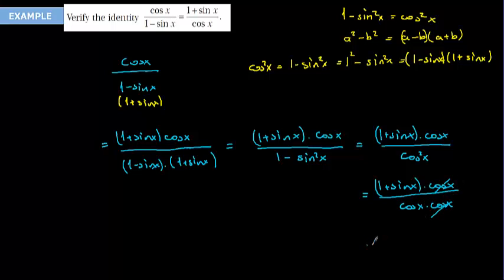If we simplify, what we are left with is 1 plus sin x over cosine x. At the beginning, we started with cosine x over 1 minus sin x, and at the end, we got 1 plus sin x over cosine x. So we verified that this expression is equal to this one.